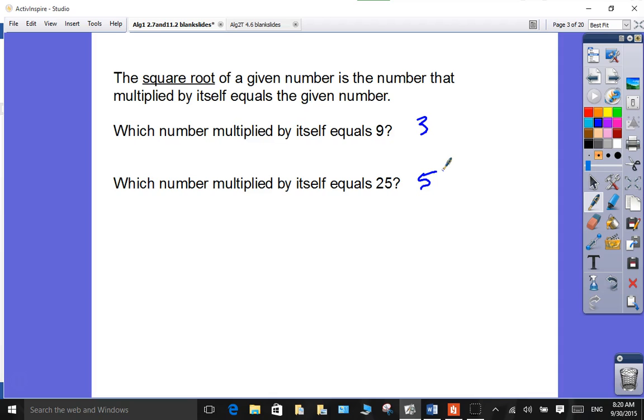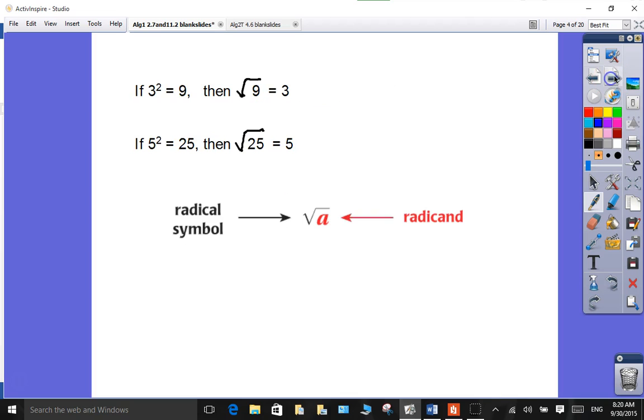This is kind of baby steps here, but okay, so we say if 3 squared is 9, then the square root of 9 equals 3. If 5 squared equals 25, then the square root of 25 equals 5.